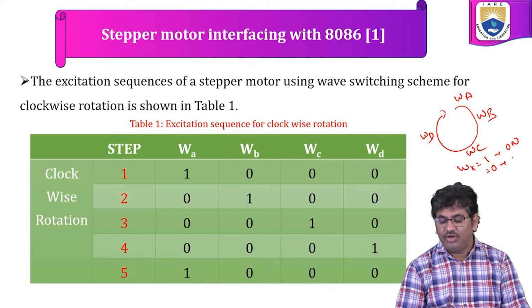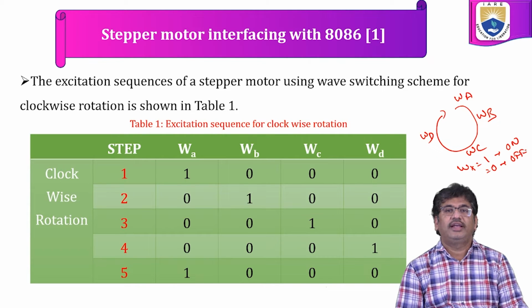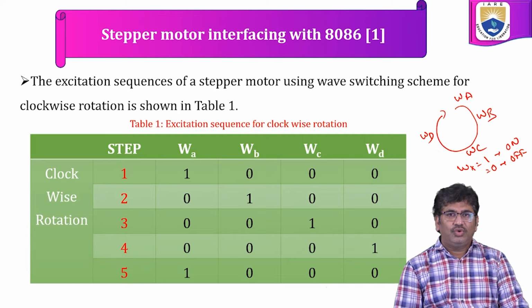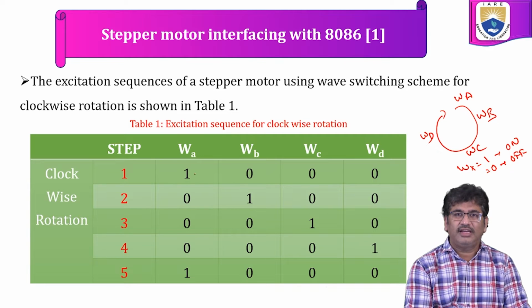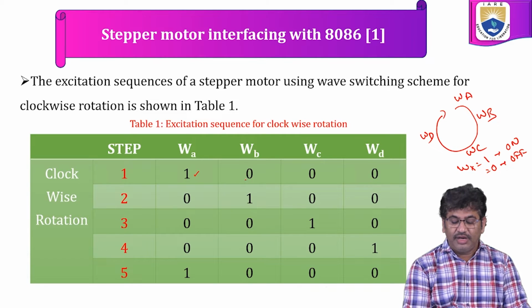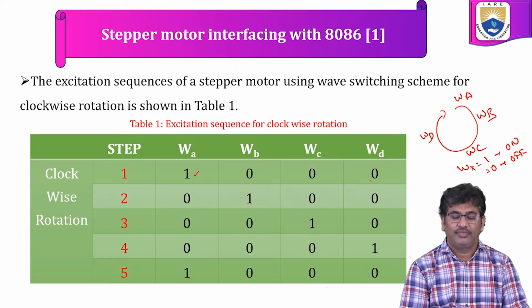If it is 0, the winding is not excited, the off state. As we want clockwise direction, first we excite winding A and the remaining 3 windings are not excited: WB is 0, WC is 0, WD is 0.